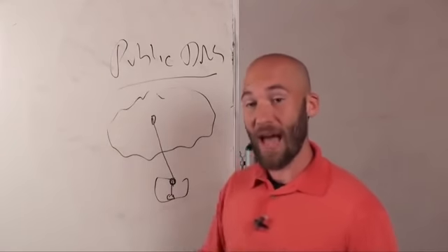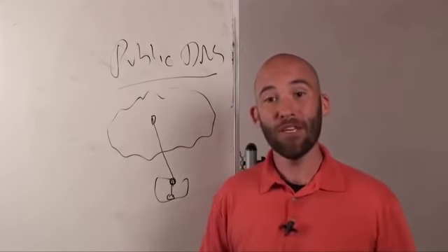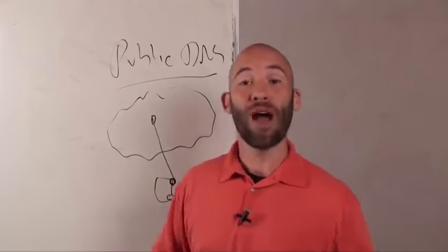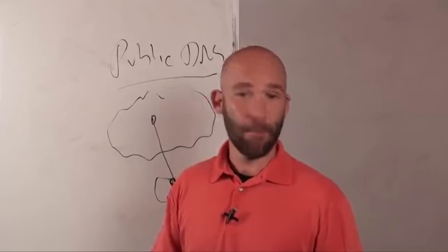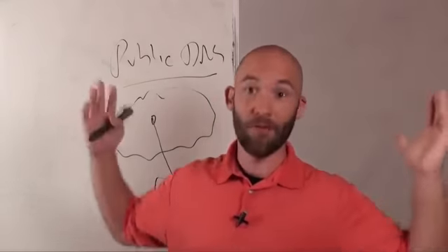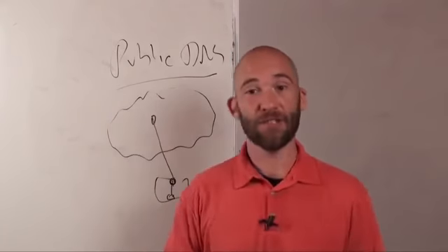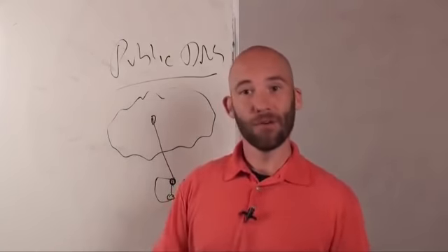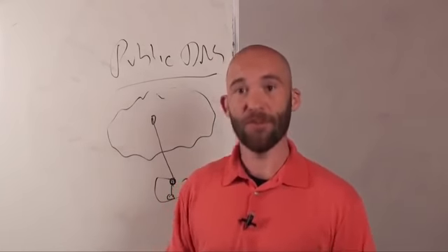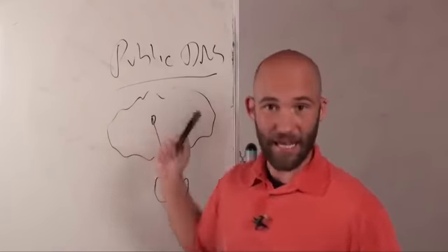Now, depending on what service you use, you are probably using the default public DNS servers for your ISP. So if you are using Comcast, Verizon, Qwest, AT&T, whoever you're using, they all have their own public DNS servers. So when you set up your little DSL modem or cable modem or AdTran or whatever you set up, you most likely plugged in their public DNS information.